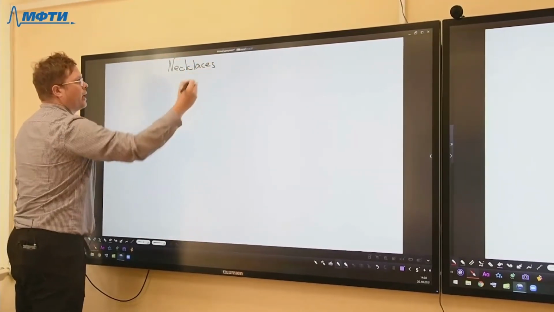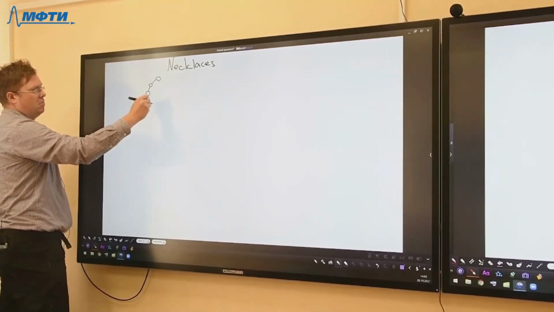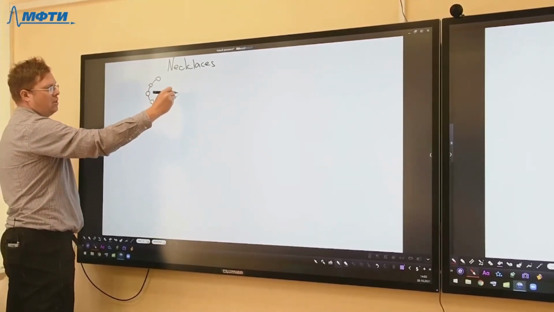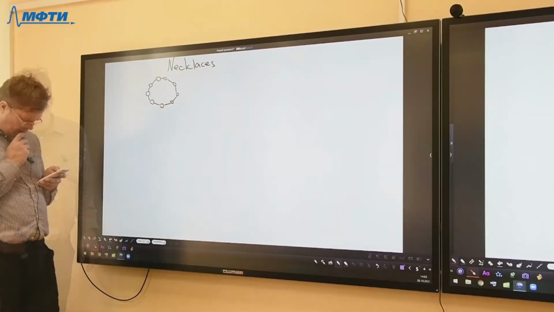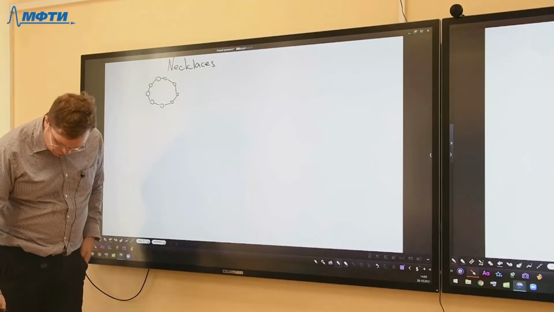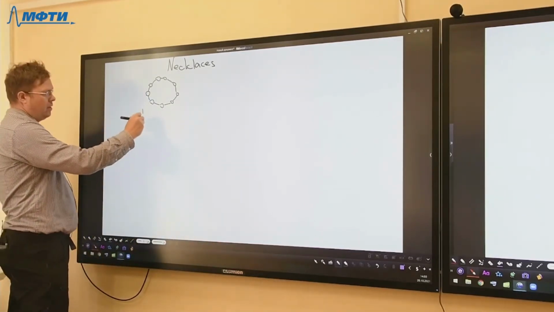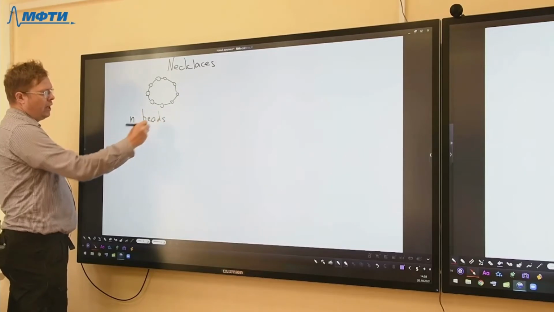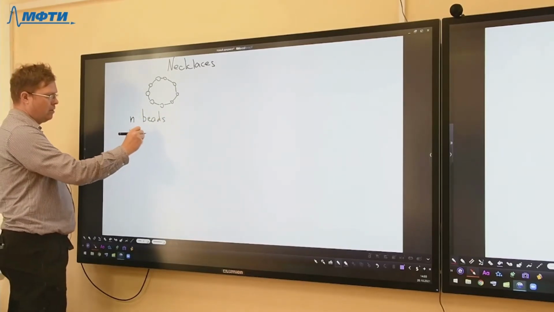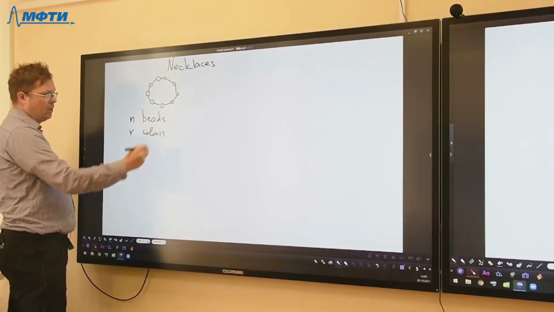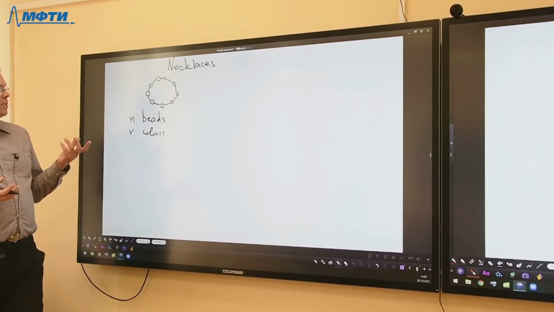So suppose we have necklaces. We have n beads, and we want to color them in, I don't know, r colors. And actually, we have two types of necklaces.